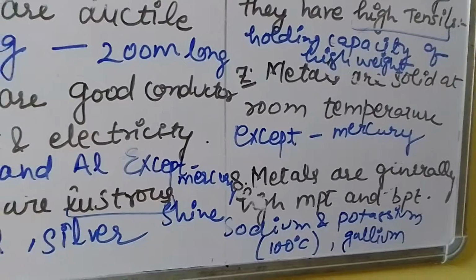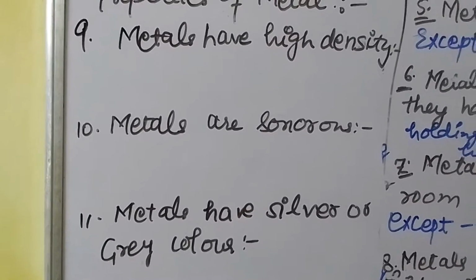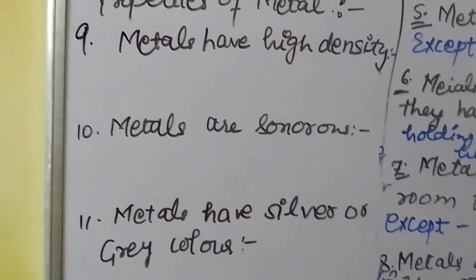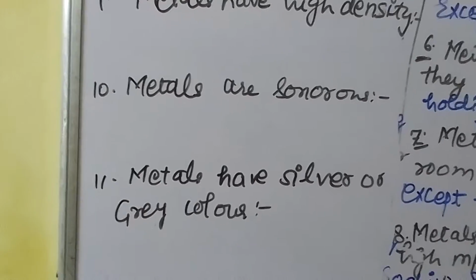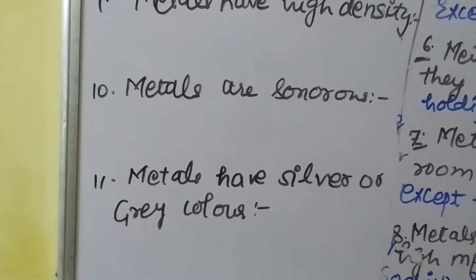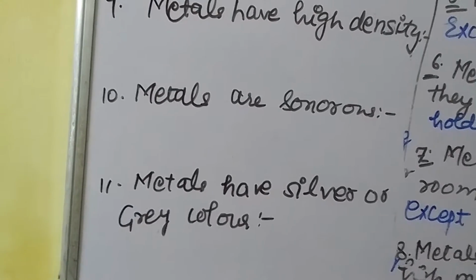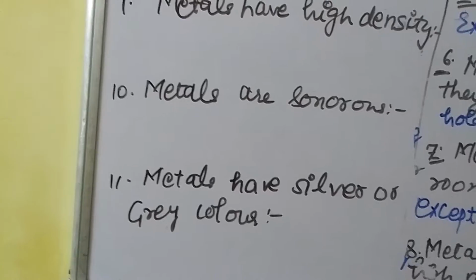So let's talk about another property. Our next property is that metals have high density. Metals have a high density, like iron. Iron has a density of 7.8 grams per centimeter cube, which is quite high.